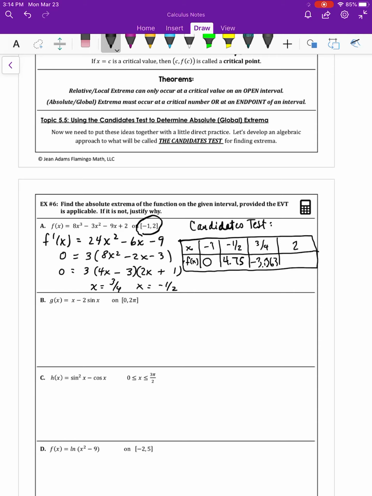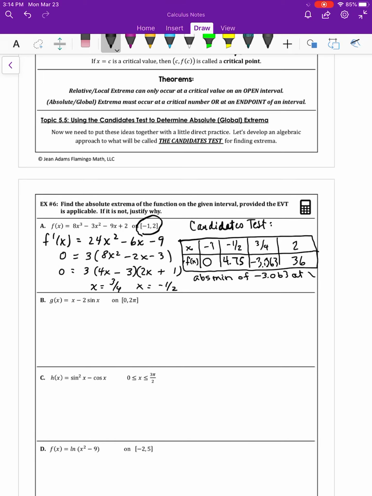So at 3/4, we got negative 3.063, and at 2, we got 36. So now you can just look at the y values, and it will tell you what your absolute max and absolute min are. Your smallest y value is where your absolute min is.